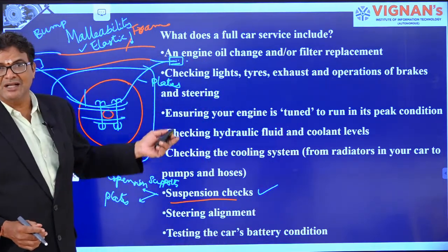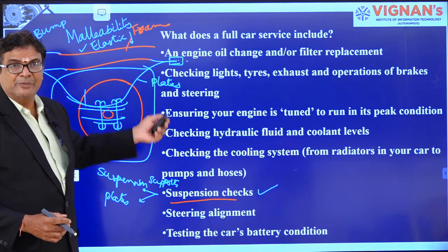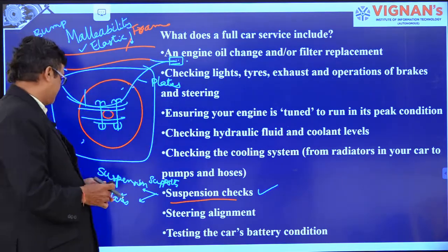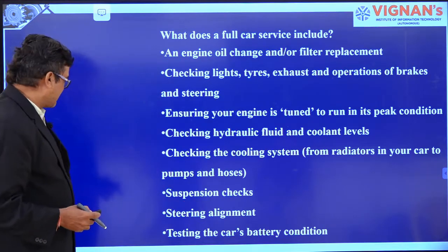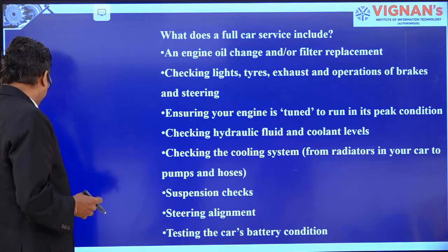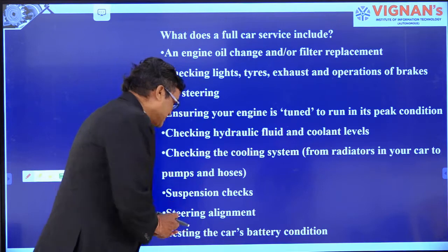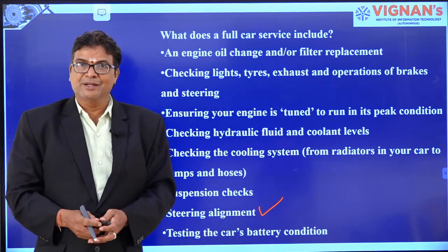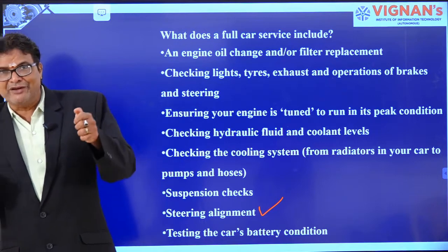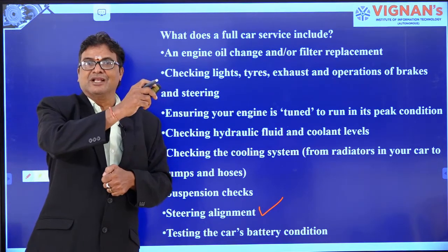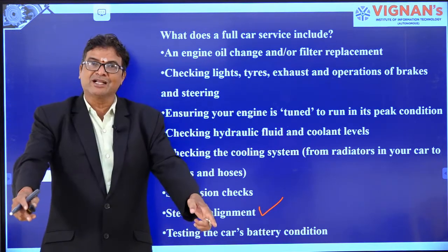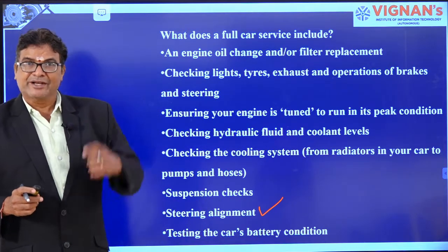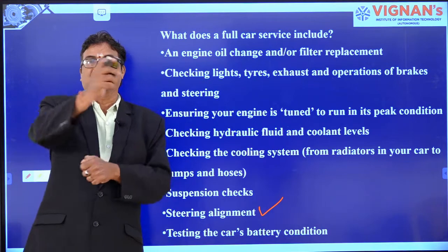They will not check the suspension system from time to time. The next one is steering alignment. Steering alignment should be done very carefully, because if the driver turns the steering wheel but the front wheels don't turn in the desired direction, the driver thinks that he has turned the vehicle.